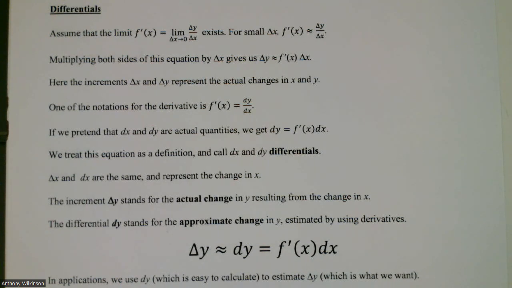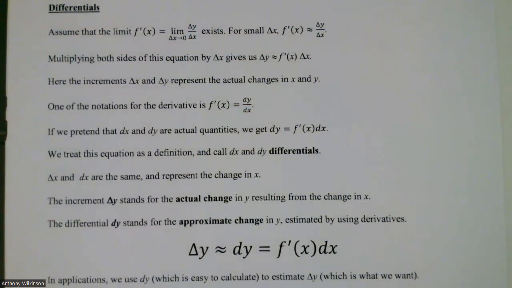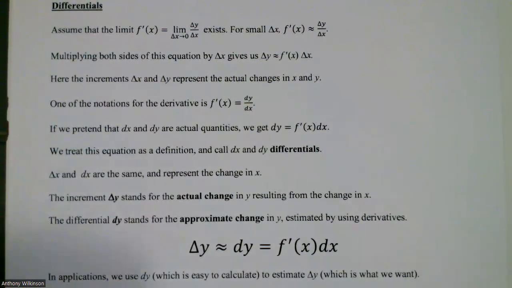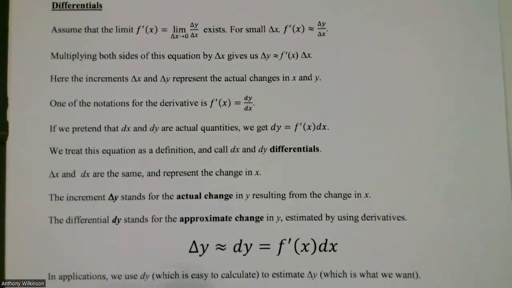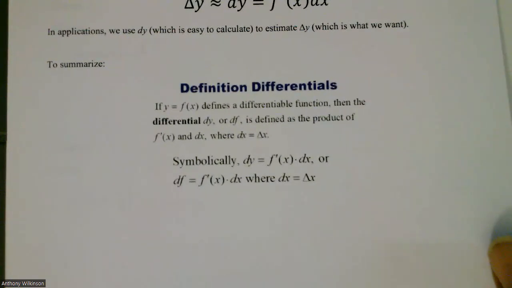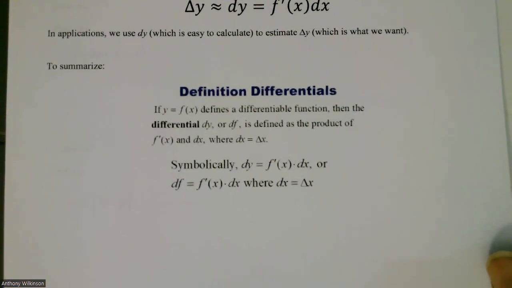Now in applications, we're going to be using dy, which is easy to calculate, to estimate delta y, which is what we want. So to summarize all of this, here's the information regarding that.